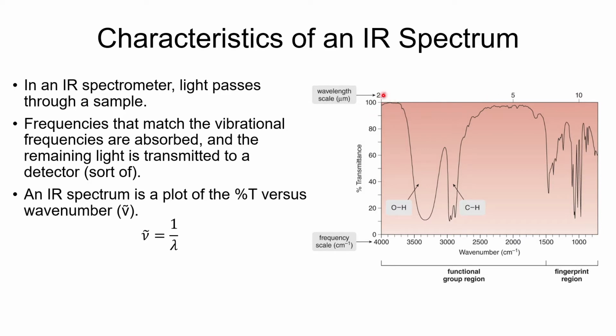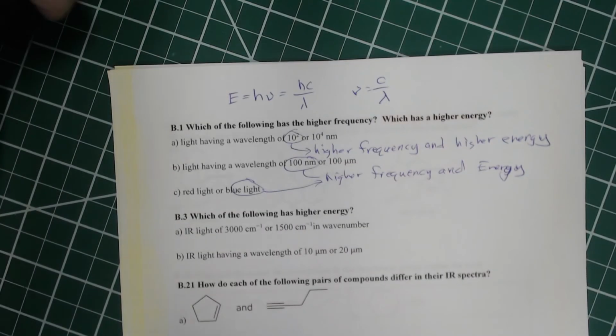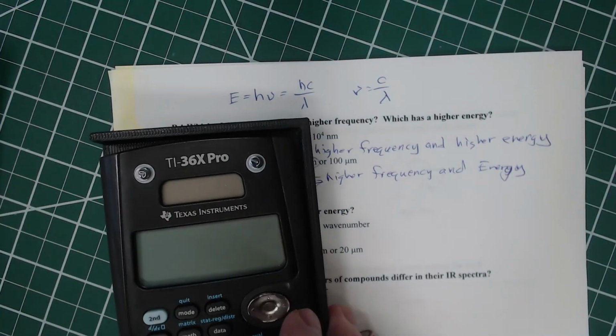If you take these numbers in micrometers, to get to centimeters you would divide by 10 to the 4, and then if you take the reciprocal of that number, you'll get these numbers down here. You can give that a shot, but actually, I'm going to show you, just so you believe me, so you don't think I'm making this up.